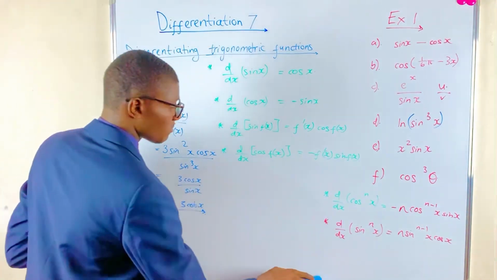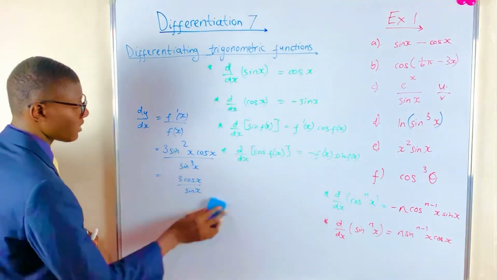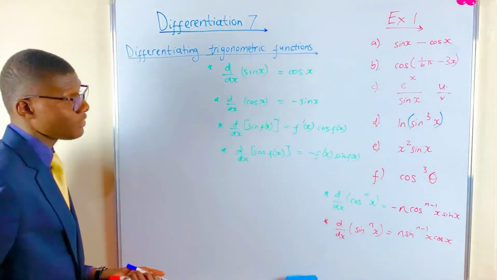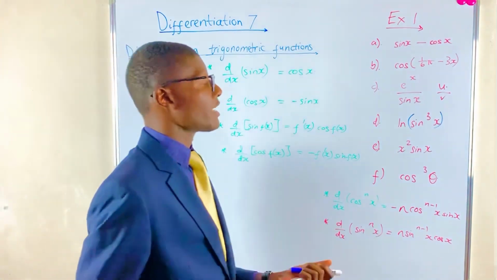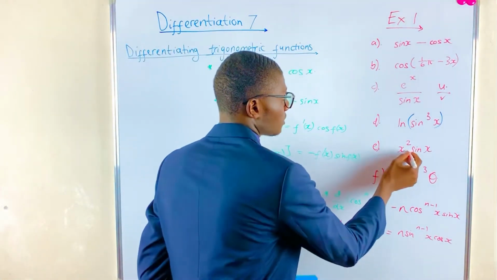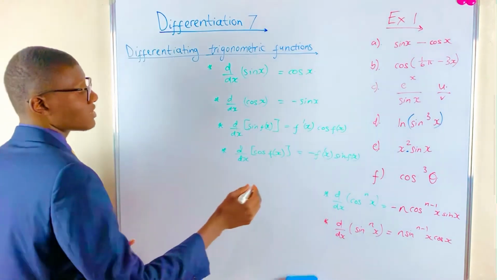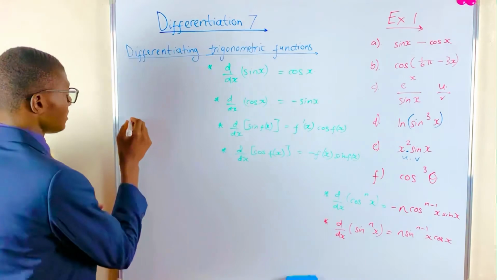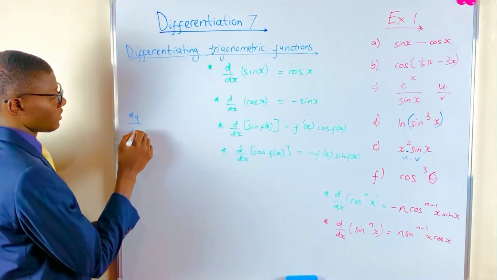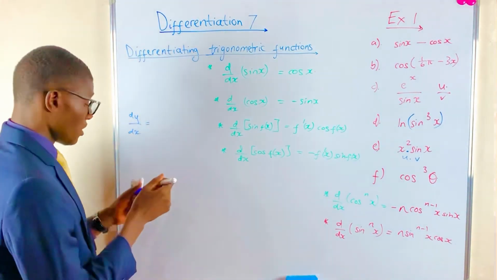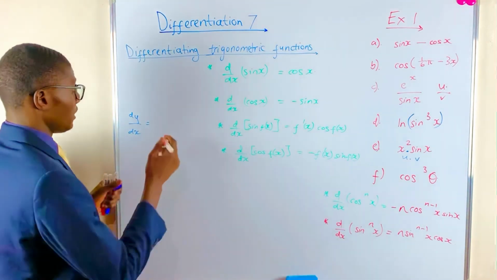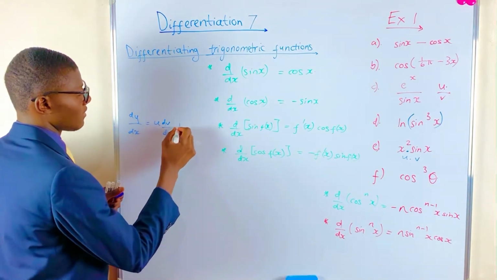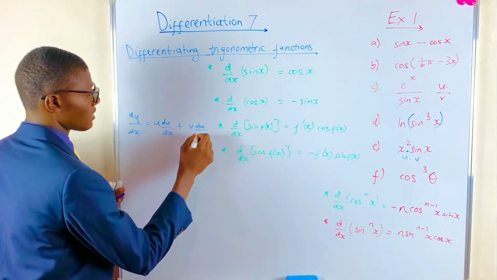Now let's move on to part E. Allow me to erase this part. We want to differentiate x squared sine x. But we see that this is a product, so we use the product rule, this being u times v. So dy by dx for the product rule would be u dv by dx plus v du by dx.